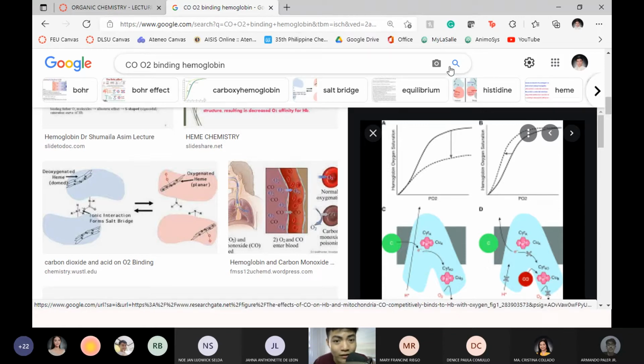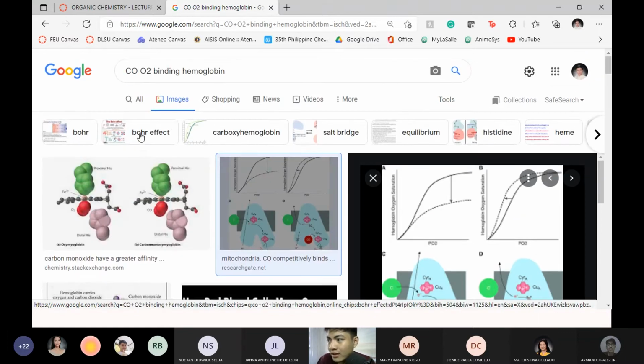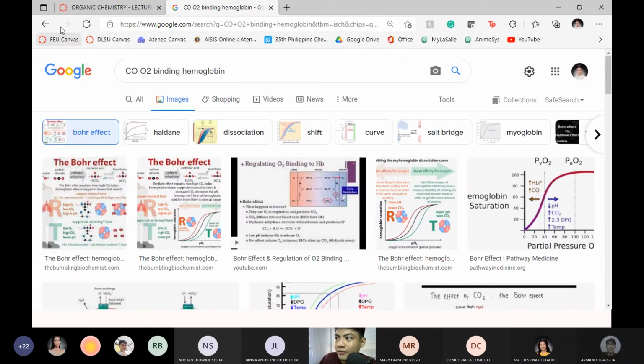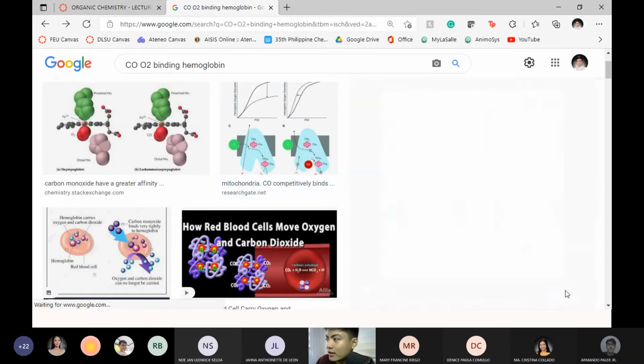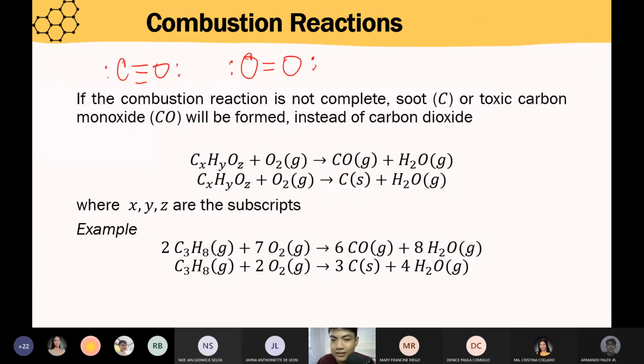Okay. So anyway, sa biochem nyo pa maintindihan yung plot na to. But ayan yun yung idea. Okay. So, and in the end, Bohr effect, carbon dioxide yan. Okay. So anyway, magkaka-idea ka na dito sa biochem. So, set aside ko muna. So, yun yung idea, no? That our carbon monoxide, they can bind more to the hemoglobin than the oxygen.